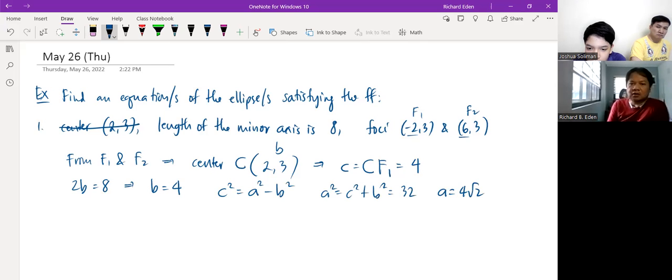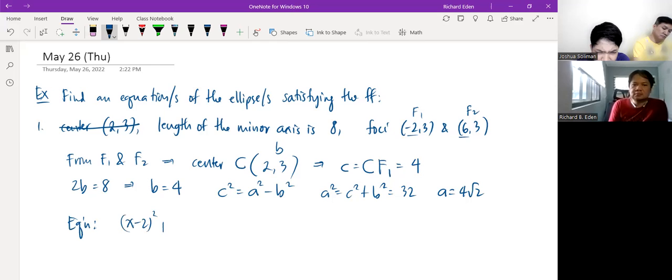And then, therefore, the equation, actually, it turns out I didn't need to take the square root of 32. Wait, hold on. Is the ellipse horizontal or vertical? Horizontal. All right.